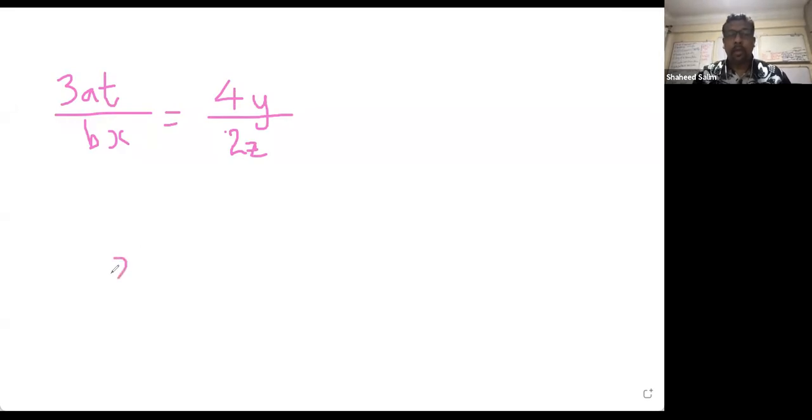I want X to be on top. That means I want the final answer to be like that. Only thing, I write 1 so that you know it's over 1. This one is on top. Actually, I don't need to write it. I just make X the subject. That's what they're saying. Make X the subject. This is the mathematical way of saying it.